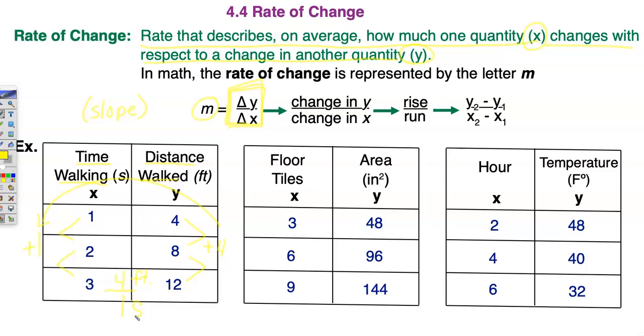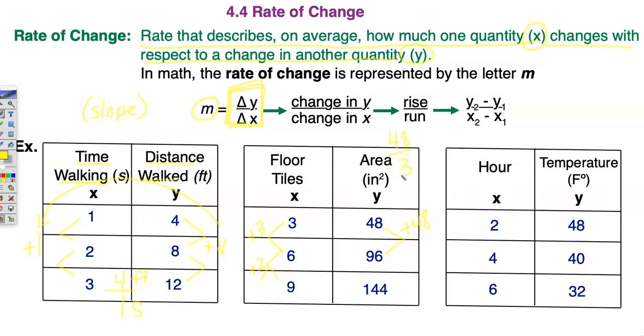Our second chart, floor tiles in comparison to areas. We look at the x change. We're going up 3, up 3. Our y values are increasing by 48 each time. So our rate of change, our change in y over change in x, would be 48 over 3.